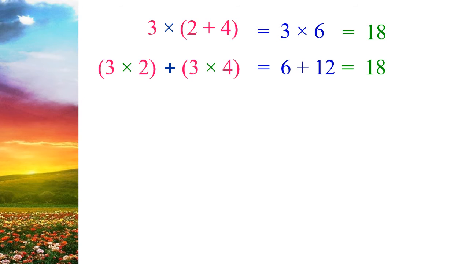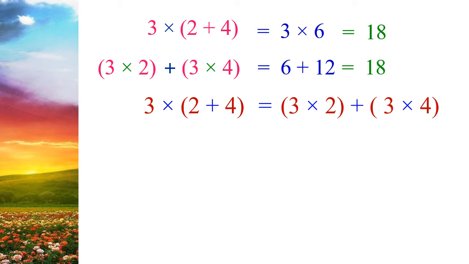So we learn from this, both methods give the same result. That is 3 into (2 plus 4) equal to 3 into 2 plus 3 into 4. So when a number is multiplied by the sum of two numbers, it is equal to multiplying each of the numbers by it and finally adding the values.